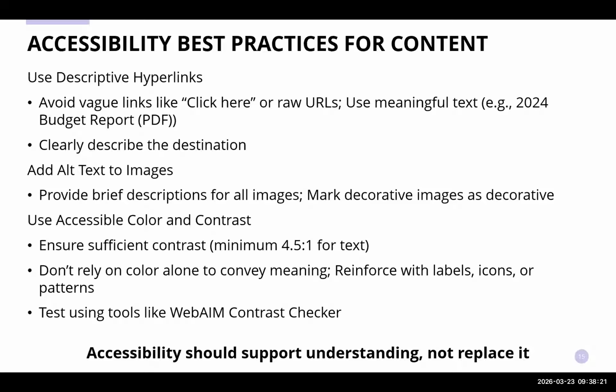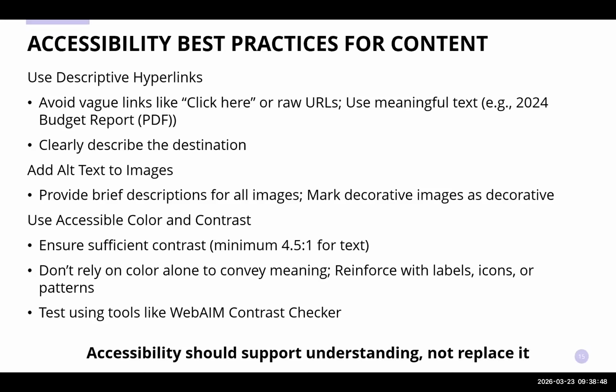For example, if you highlight cells in red to indicate a problem, also add text so that people with assistive technology, or people who have color blindness, can get the same information. So the main idea here is accessibility should support understanding, not replace it.